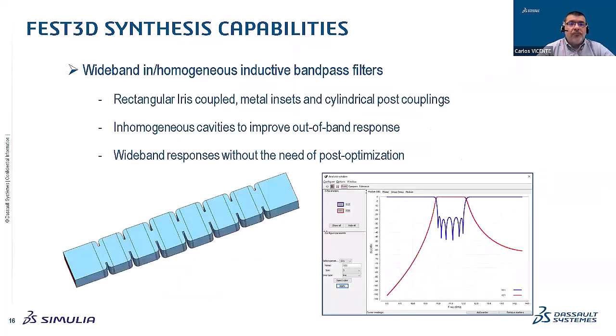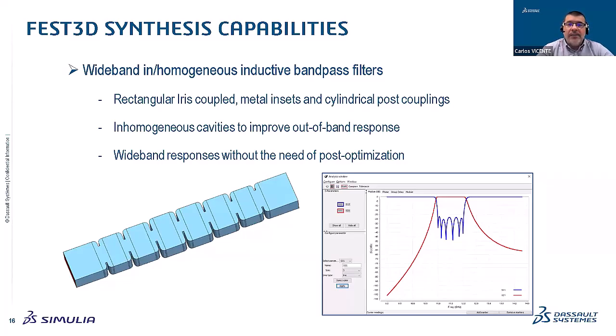Okay. So now going into detail for each case, in the case of the inductive bandpass filter, several topologies are possible, such as rectangular iris couplers, metal insets, and cylindrical post couplings. Also, inhomogeneous cavities can be used to improve the out-of-band response.